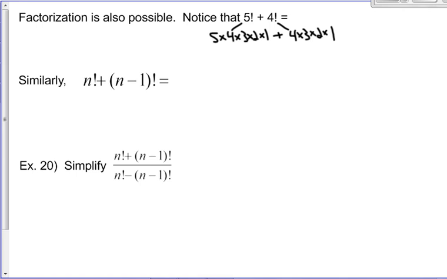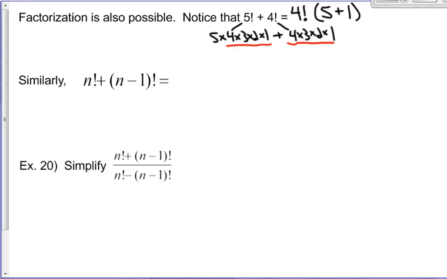In other words, 4 factorial is a common factor. It's here and it's here. And what would it leave us with? It would leave us with the 5. And of course, if you factor everything out of an expression, you're left with a 1. So we get 4 factorial times 5 plus 1, or 4 factorial times 6.